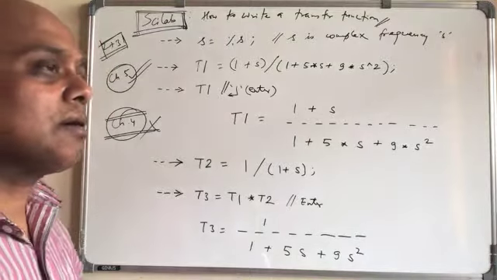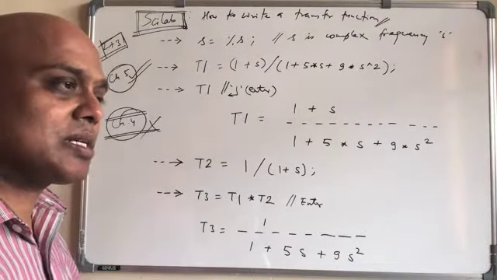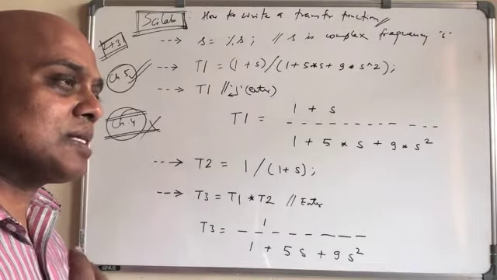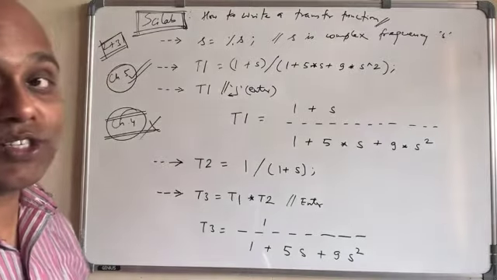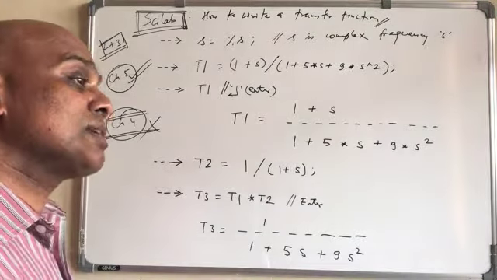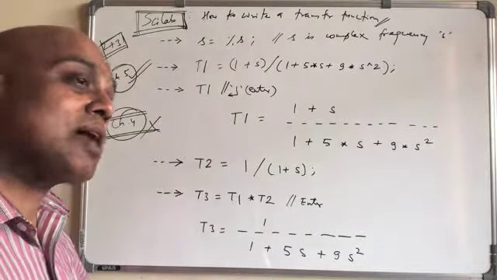Meaning that it may be just a spring and damper only. There is no mass. In that case, it will be a first order system. So how would the first order system behave? That we did not study earlier. We had mass always.